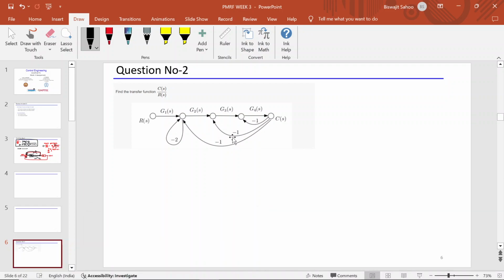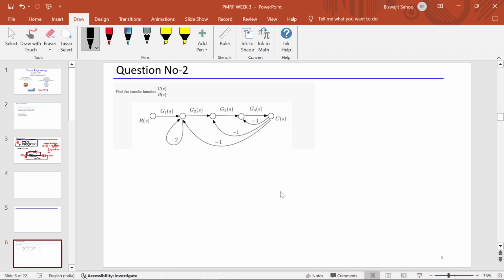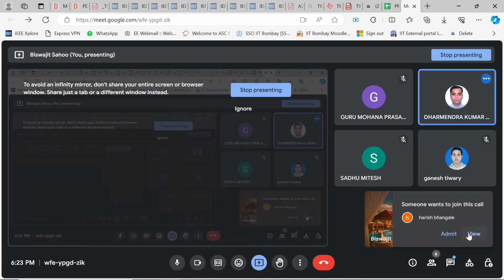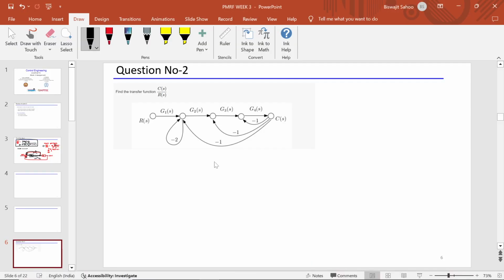Okay, is this question visible? It's a very small figure. It's not visible, but it is visible to me clearly.